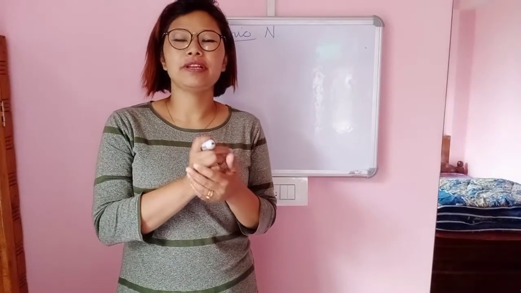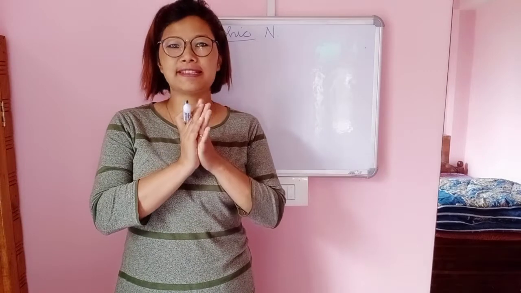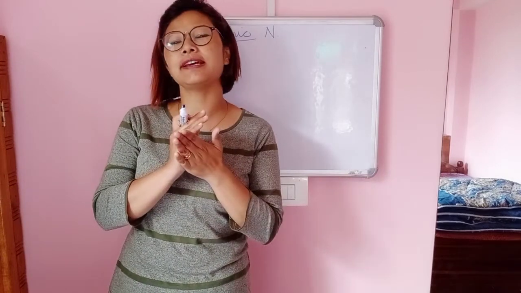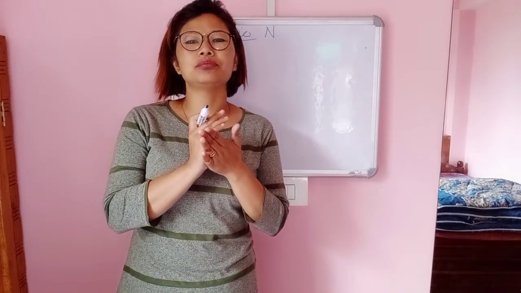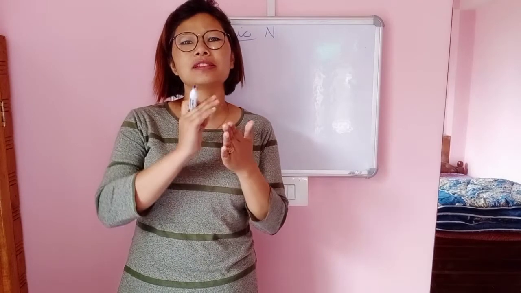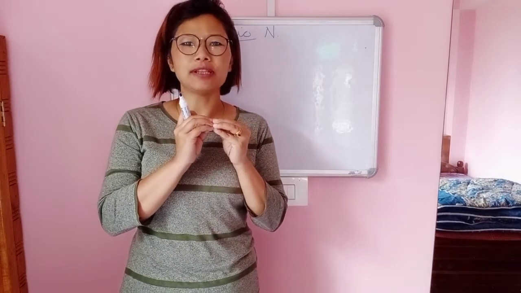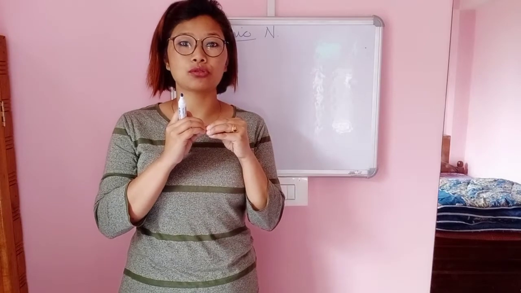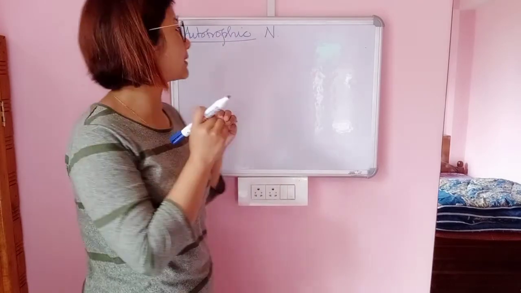Okay, students, we had done autotrophic nutrition and its steps. We'll just revise that. There are some points that I want to tell you in the steps of autotrophic nutrition, that is photosynthesis.